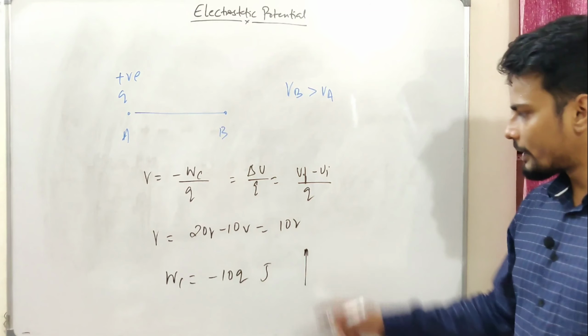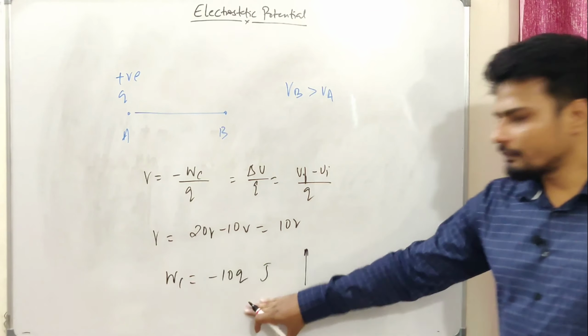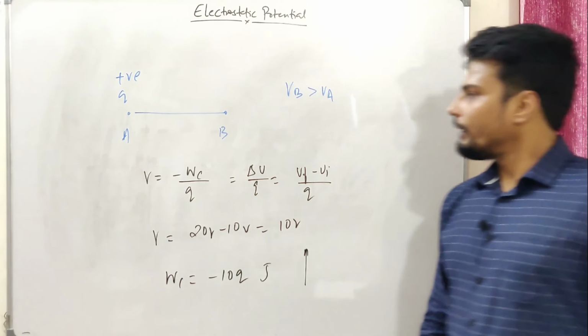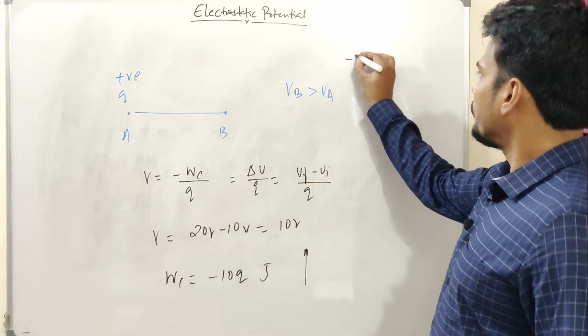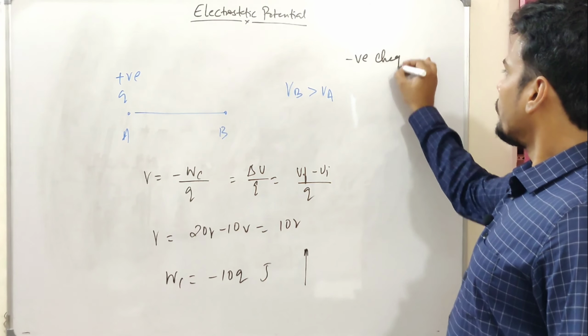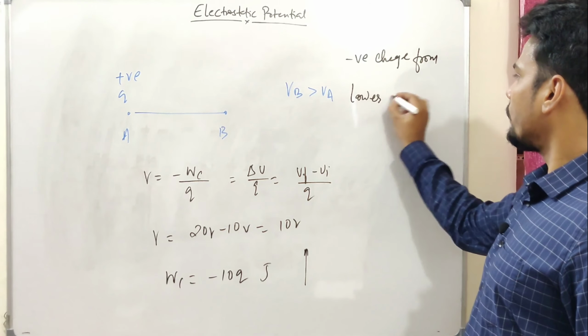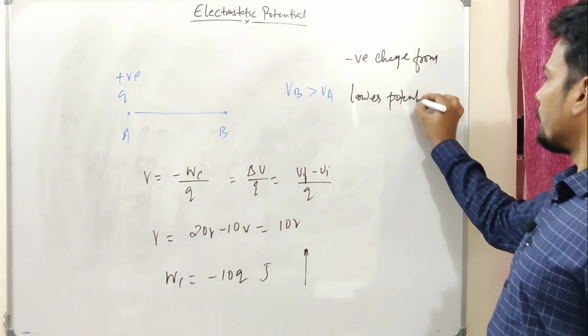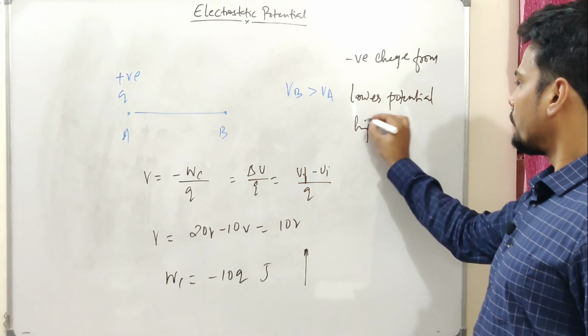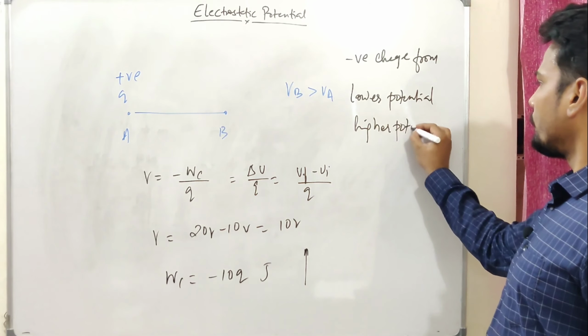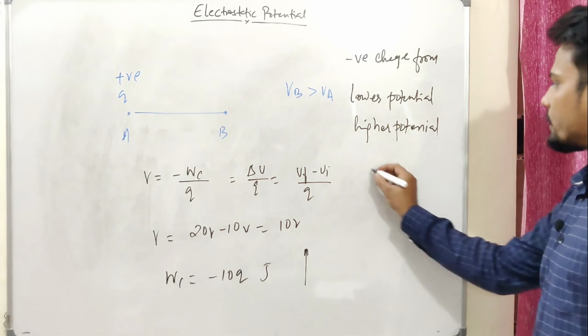Okay, you can check it out. So when the work done is negative, the potential energy increases. Likewise, if I move a negative charge from lower potential to higher potential, potential energy will decrease.